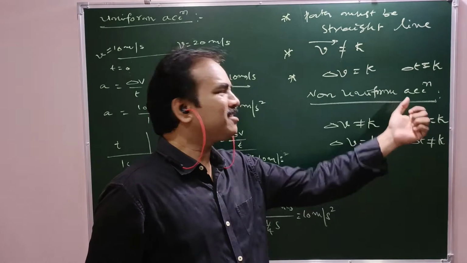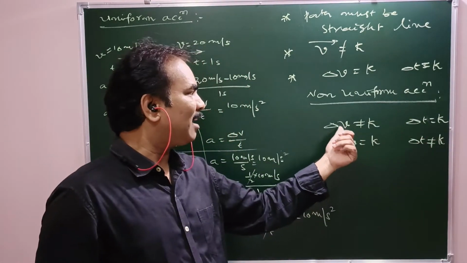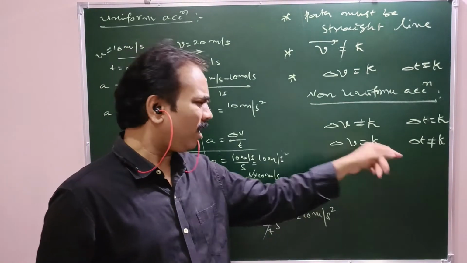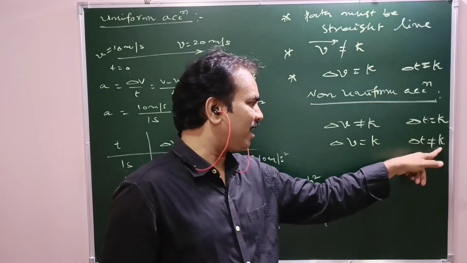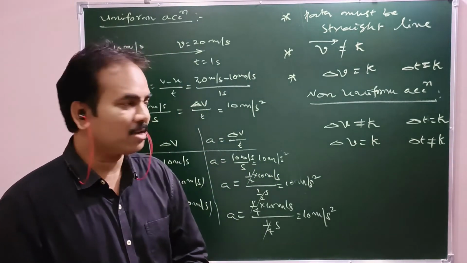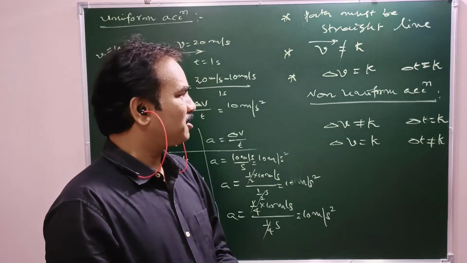Here, what is non-uniform acceleration? In equal intervals of time, a particle undergoes unequal changes in magnitude of velocity or speeds. Otherwise, in unequal intervals of time, a particle undergoes equal changes in speeds or magnitude of velocity. That is what? Non-uniform acceleration.